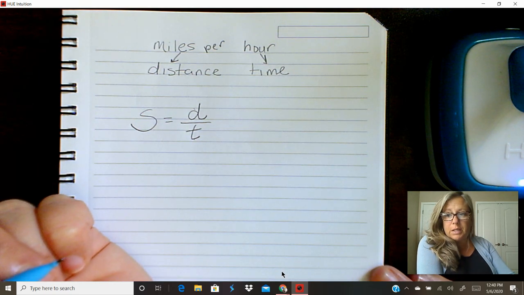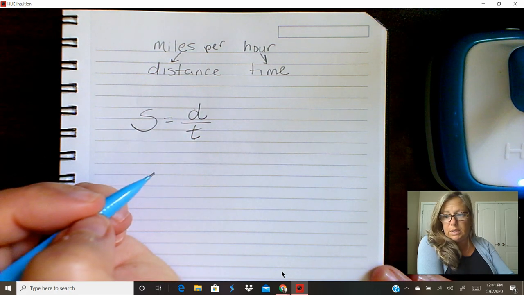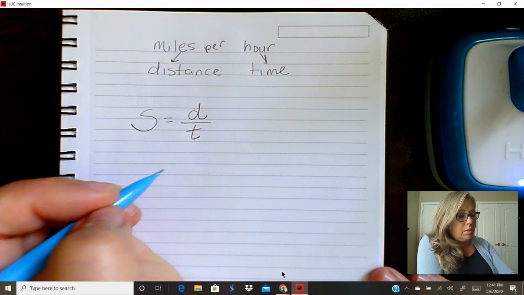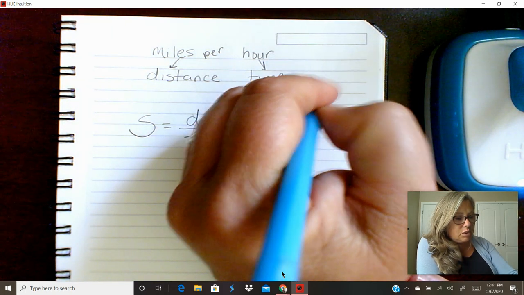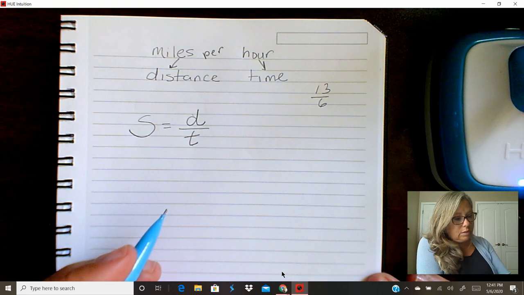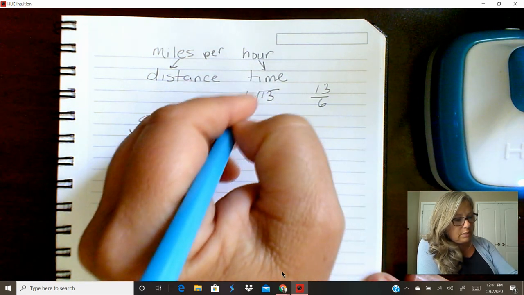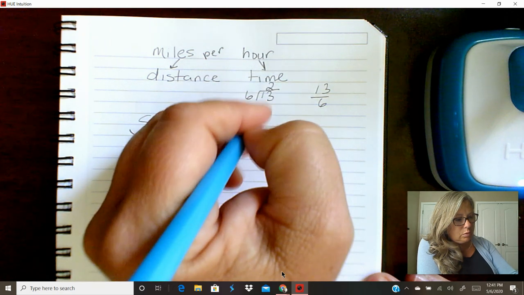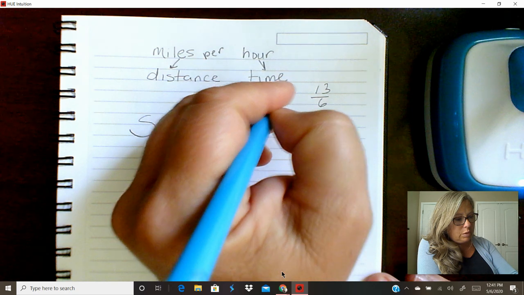Now, in your math class, you have already learned this year that a fraction is the same as a division problem. You know that because when you change an improper fraction like 13/6 into a mixed number, you have to do 13 divided by 6, which is 2, and that's 12 and 1.